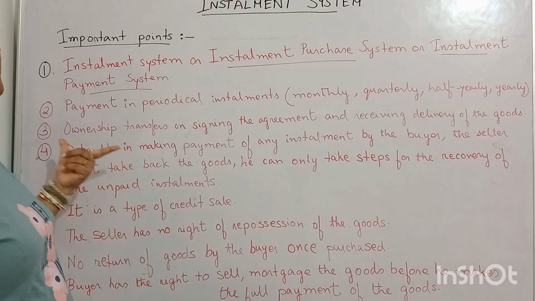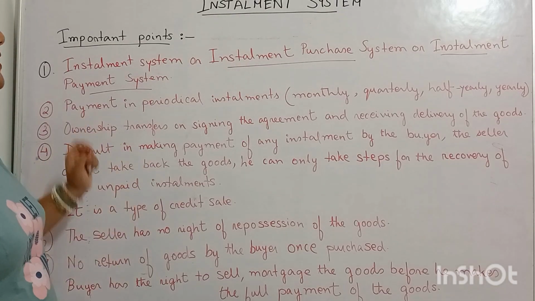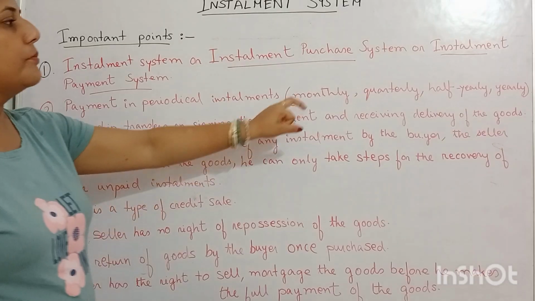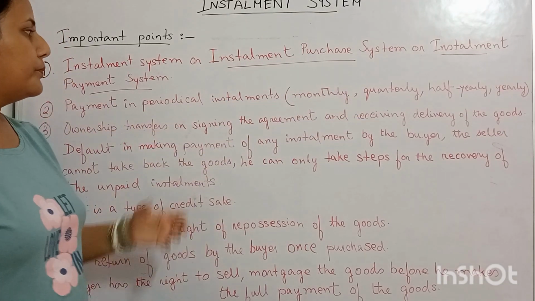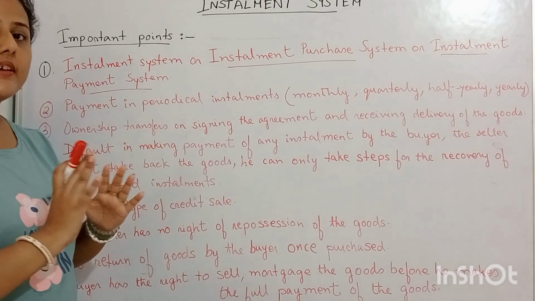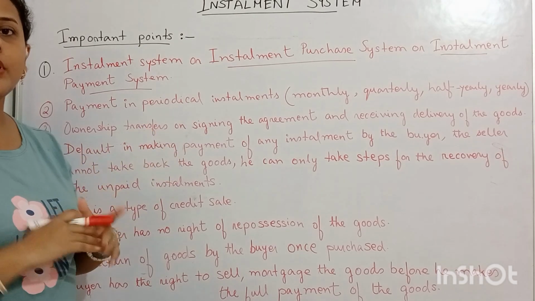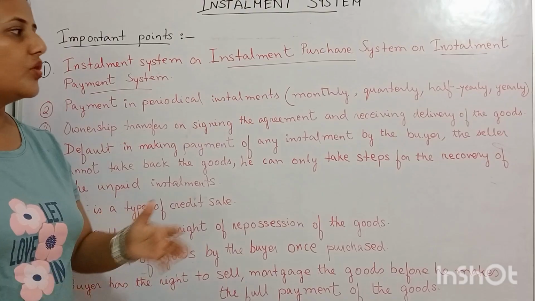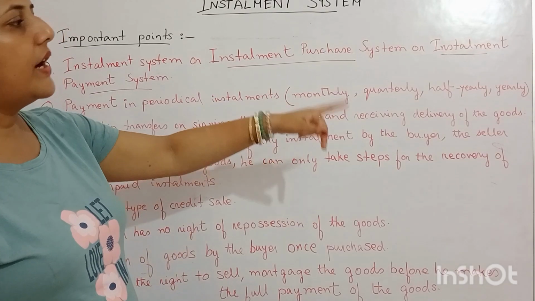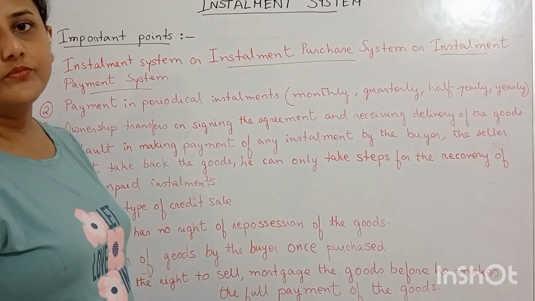Then what is said in the second point? Payment in periodical installments, monthly, quarterly, half yearly and yearly. So as in hire purchase system, payment will be made in periodical installments, which can be monthly, quarterly, half yearly or yearly.